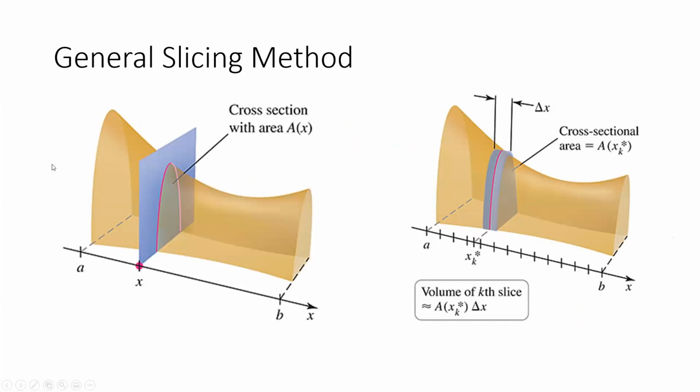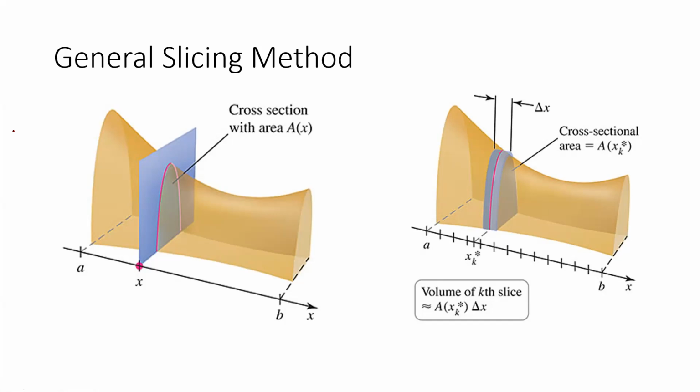And here's another way to visualize it. We've got some 3D picture here, some 3D solid. And we're going to look at that solid as it extends along the x-axis here. At each point along the x-axis, we're going to slice the solid with a plane, and it's going to create a cross-section.